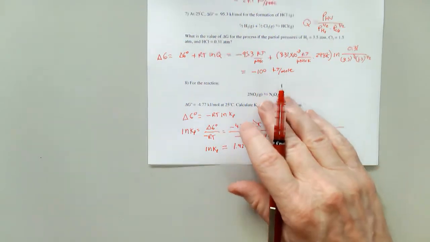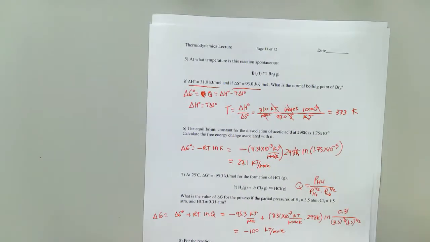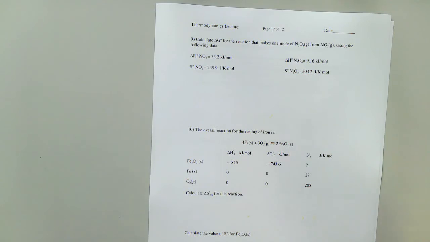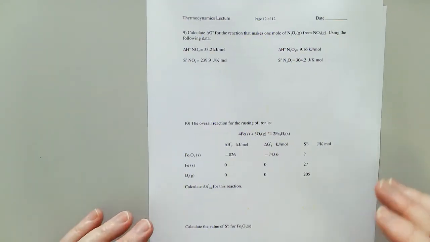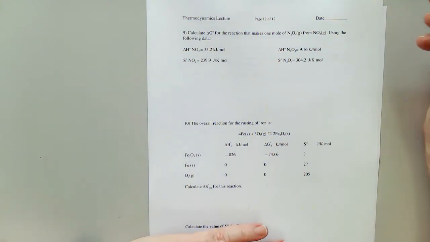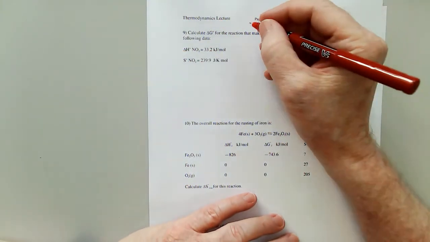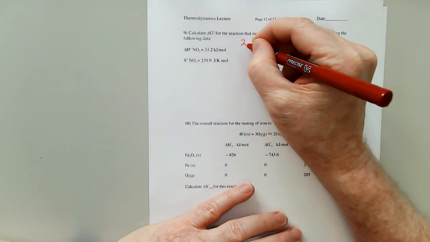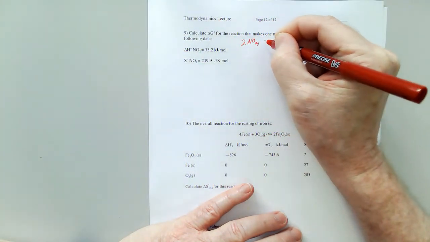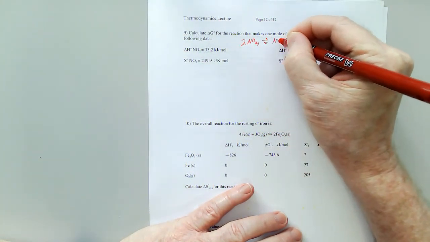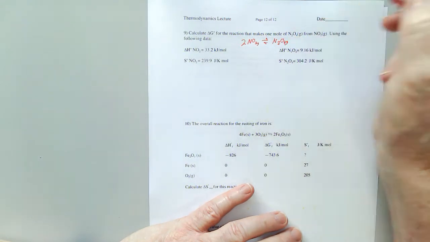All right, so that's page 11. Let's go on now and look at page 12, the last page of the math problems here for the outline. So I'm talking about the same reaction here, which is 2 NO2 gas forms N2O4 gas.